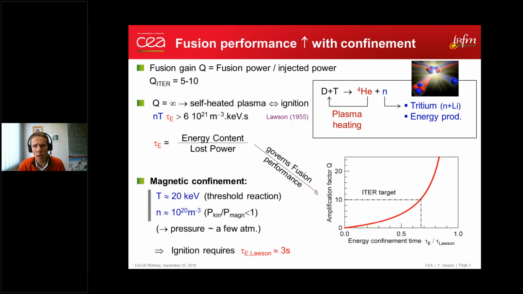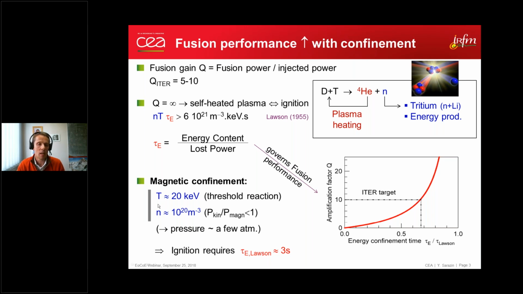And what is important is that if you plot the amplification factor, the Q that we just discussed, versus this energy confinement time normalized to a certain value, then you can see that the amplification factor increases non-linearly with this tau E, energy confinement time, and diverges when tau E reaches the Lawson time, and the Lawson time corresponds actually to the ignition, where you no longer need injected power.